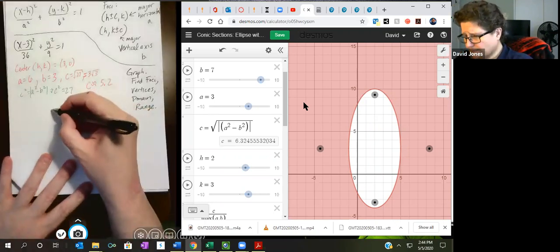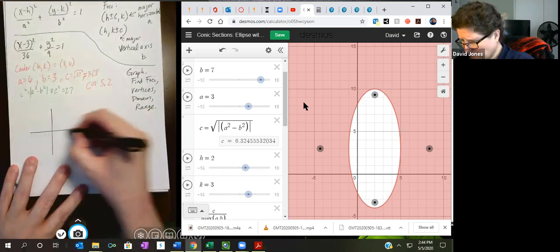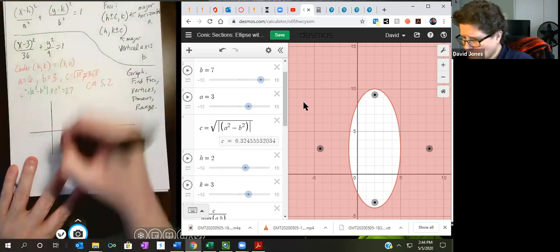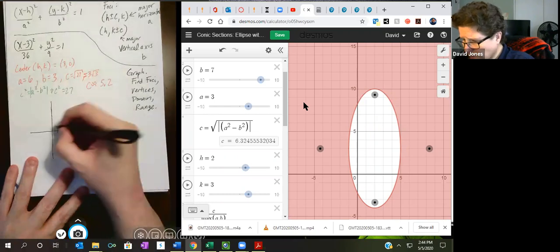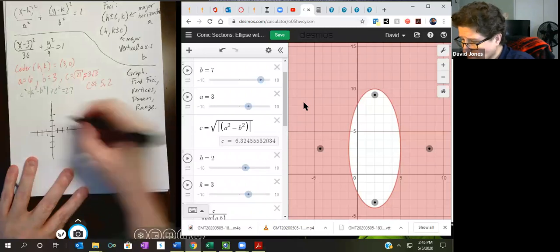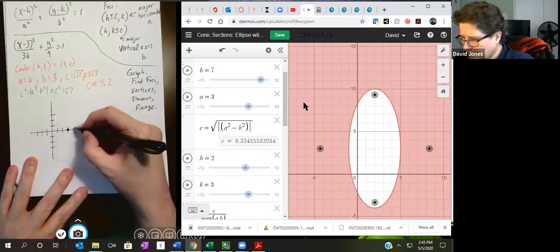Now we graph it. That's my center. I'm going to put a dot there.